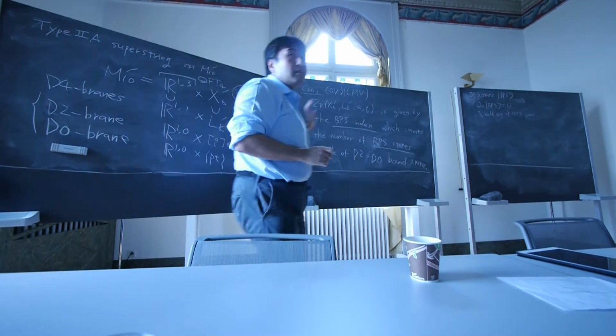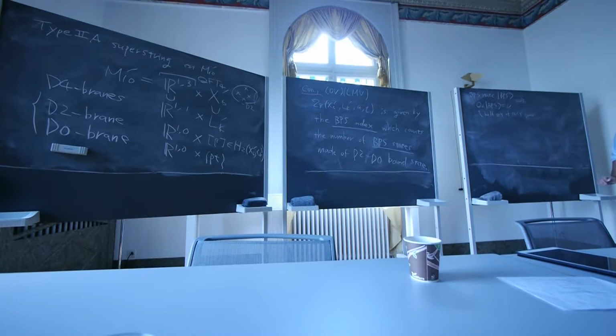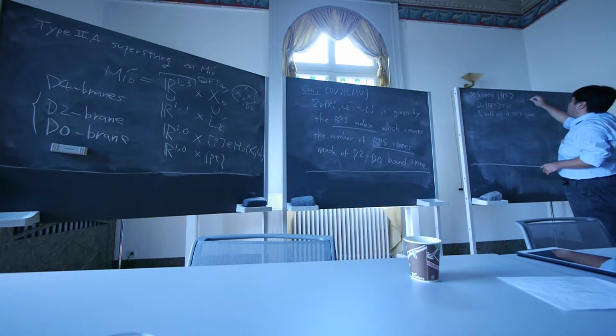So this is the brane setup I want to say. I should say more, but I will go further. Anyway, this is the BPS states in the realization of string theory language. And these BPS states span a vector space, the so-called BPS Hilbert space.